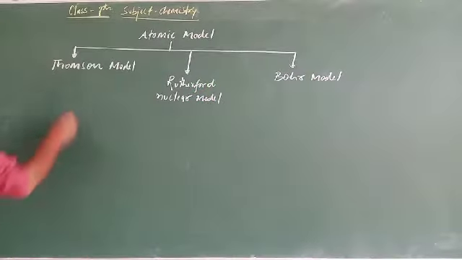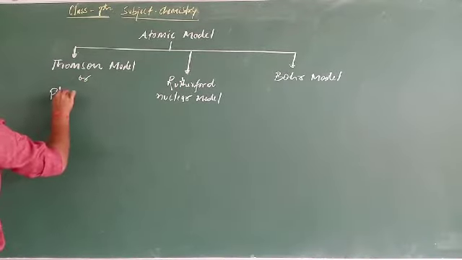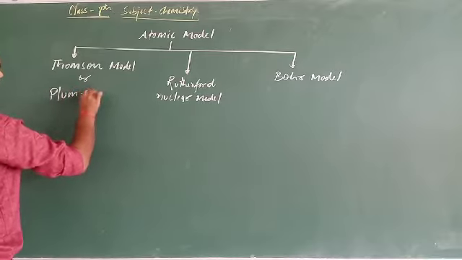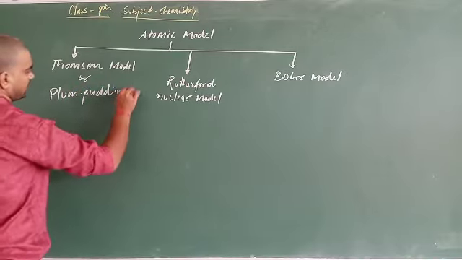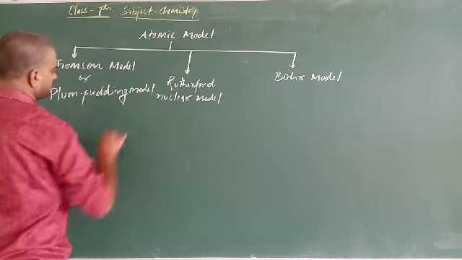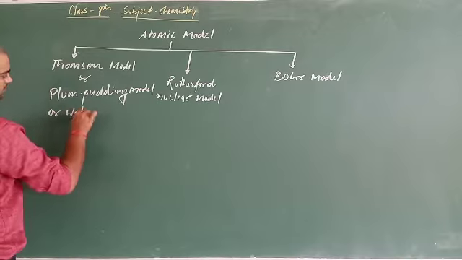This Thomson model is also known as the plum pudding model or watermelon model.